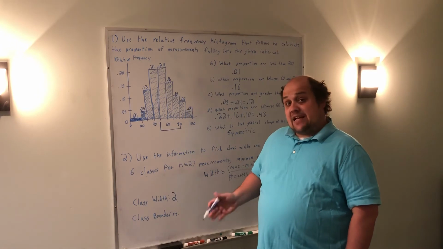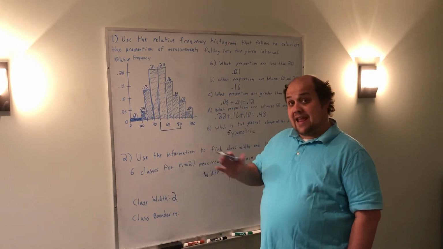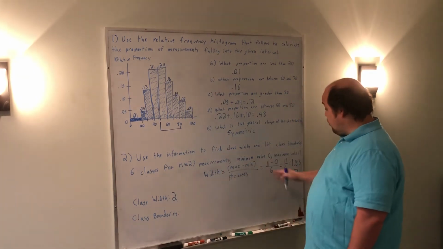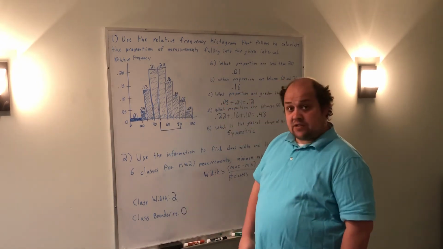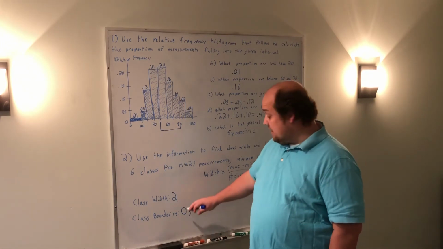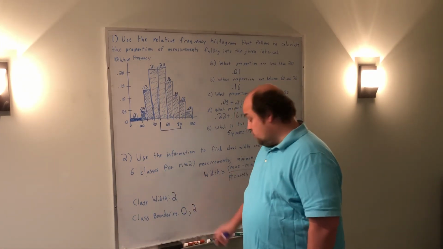When I'm setting class boundaries, they're really counting both a lower class limit and an upper class limit as separate boundaries. So what I want to do is start at my minimum value, 0, write that as my first class boundary. From my first class boundary, I want to add the class width, so 0 plus 2 gets me to 2.